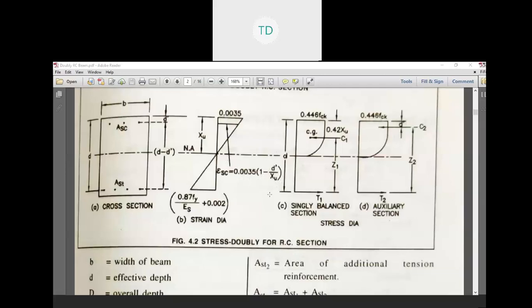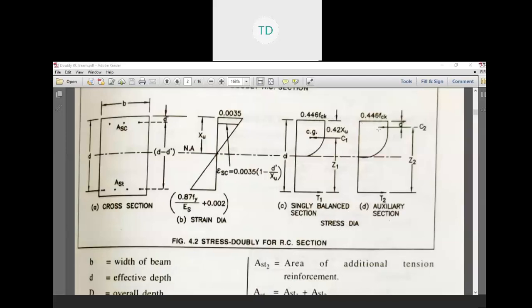Now there is the singly balanced section and the auxiliary balanced section. For both, we calculate separately: 0.446 fck, similar 0.446 fck. Here the center of gravity is at 0.42 xu, and this is C1.